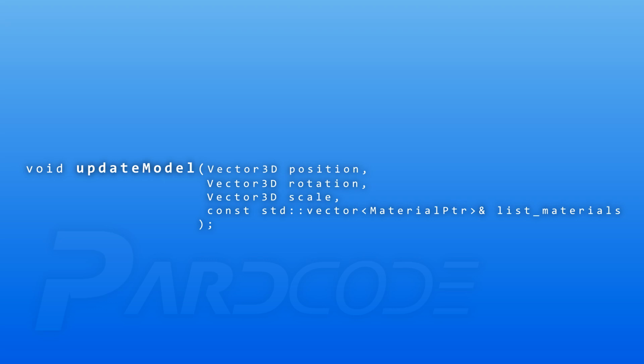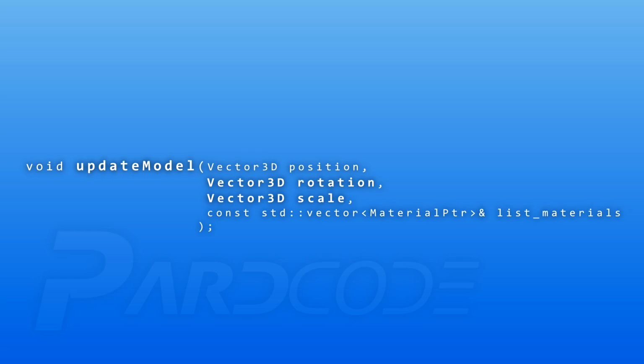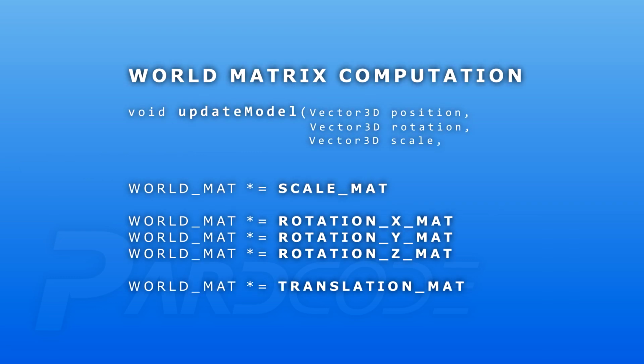To do that, we will introduce two further vector 3D parameters, the rotation and scale parameters. Then we will compute the world matrix by multiplying the various transformation matrices in this order. At the beginning, we will compute the scale matrix and we will multiply it with the world matrix.